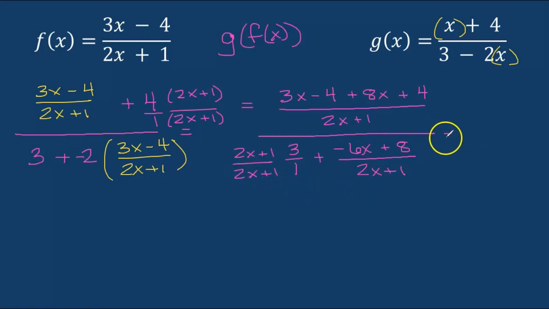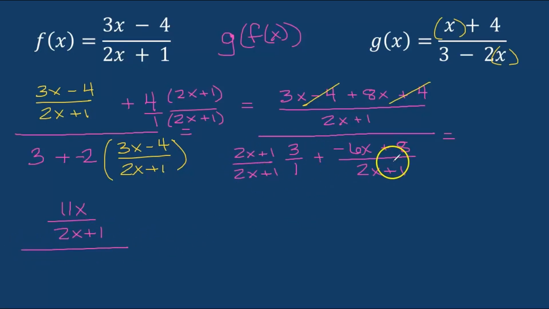I'm going to rewrite this one more time down here. I'm going to make this a little bit more simple, though. You can see that 3x and 8x will combine, but negative 4 and positive 4 cancel each other out. That means I'm left with 11x over 2x plus 1.